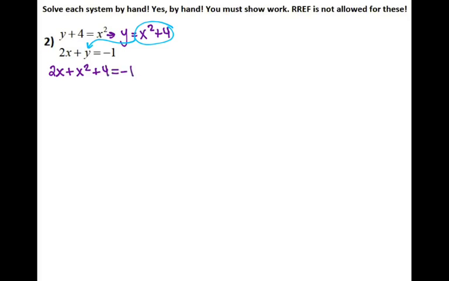And then from there I can get it equal to 0. Since it's a quadratic, I'm going to add 1 to both sides. So I have x squared plus 2x plus 5 equals 0. I think I made a mistake somewhere, because that's not factorable.